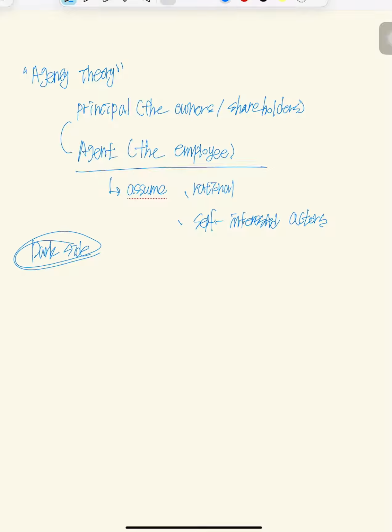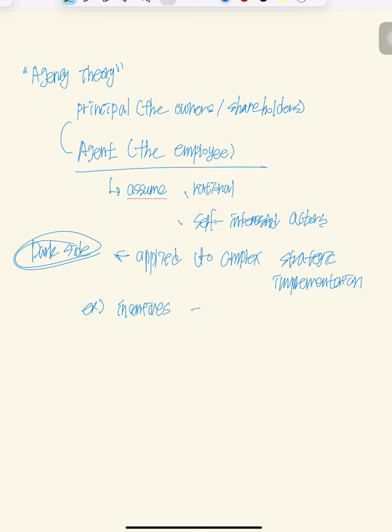When applied to complex strategic implementation, when incentives are too narrow or too aggressive, they lead to goal displacement.